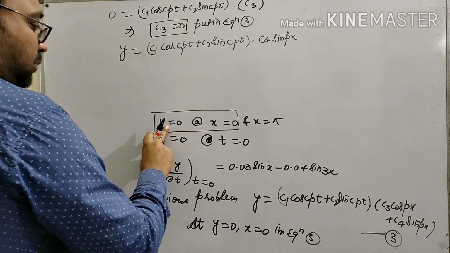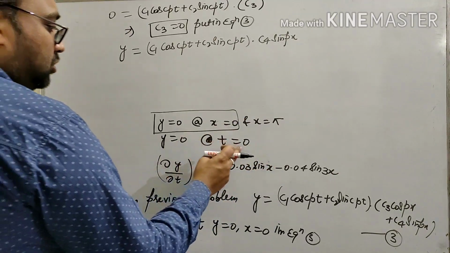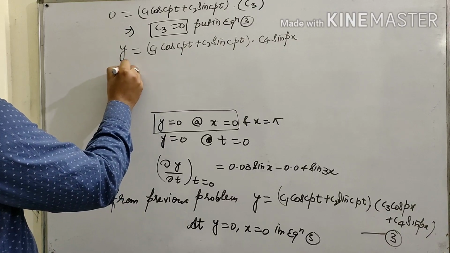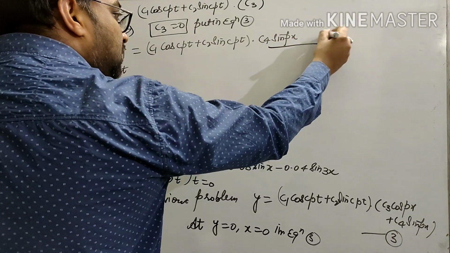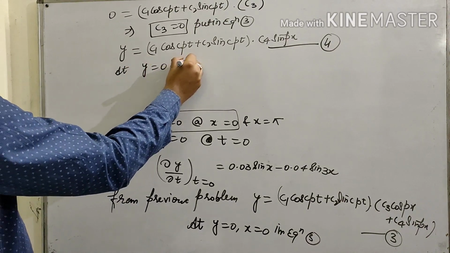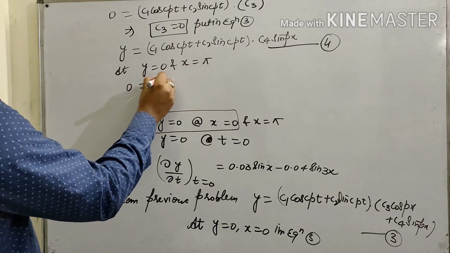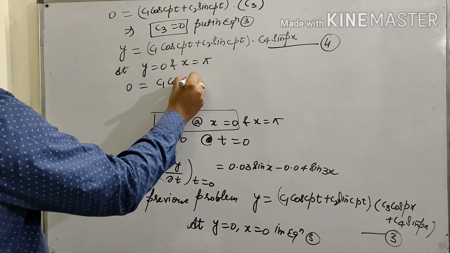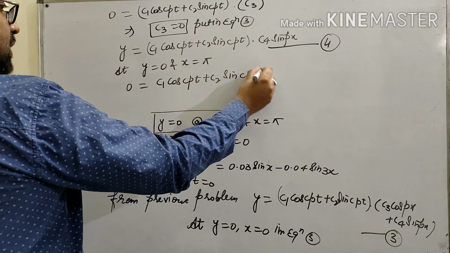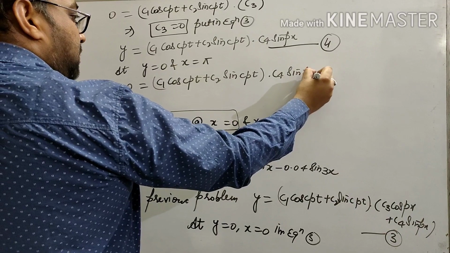Now either put y equals 0 at x equals pi or y equals 0 at t equals 0. So let it be equation number 4. So at y equals 0 and x equals pi, 0 is equal to (c1 cos cpt plus c2 sin cpt) into c4 sin p pi.